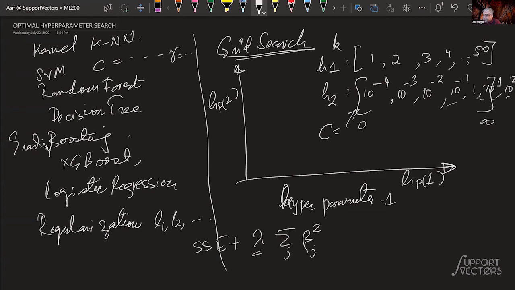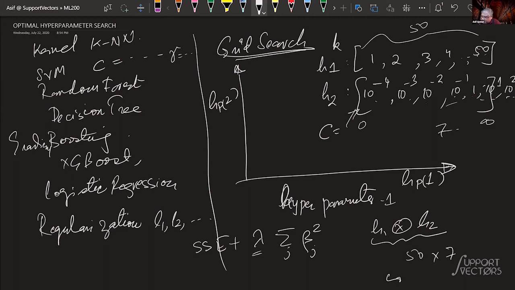Now you realize that if you do H1 Cartesian product H2, how many possible combinations are there? Let's say that these are 50 and these are 1, 2, 3, 4, 5, 6, 7. So you're looking at effectively 50 cross 7 combinations. Isn't it, guys?